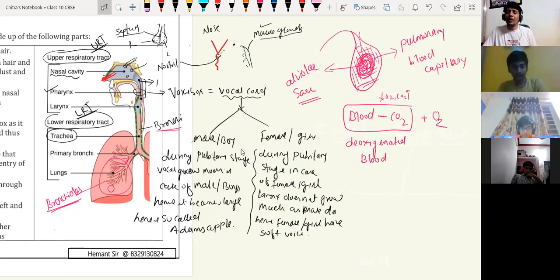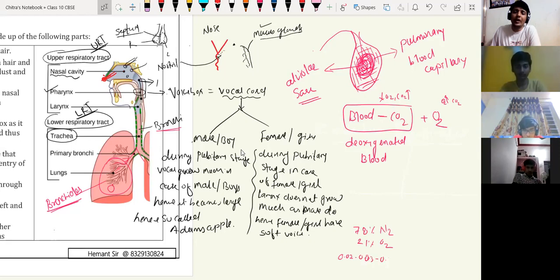But in the alveolar sac we have a high amount of O2 and a low amount of carbon dioxide, because in our surroundings we have 78% nitrogen, 21% oxygen, and 0.02 to 0.03, or sometimes 0.04% carbon dioxide.